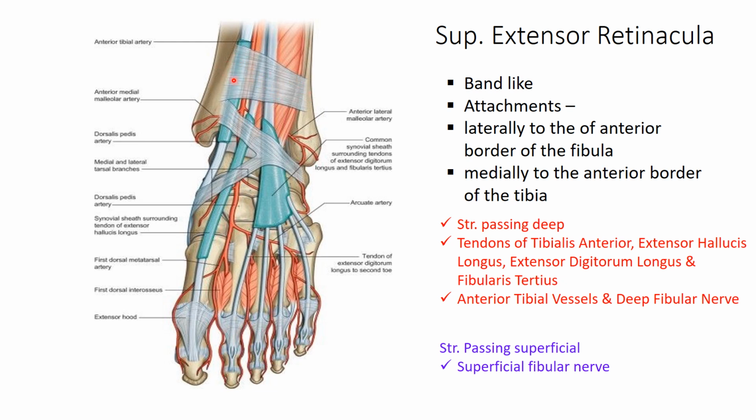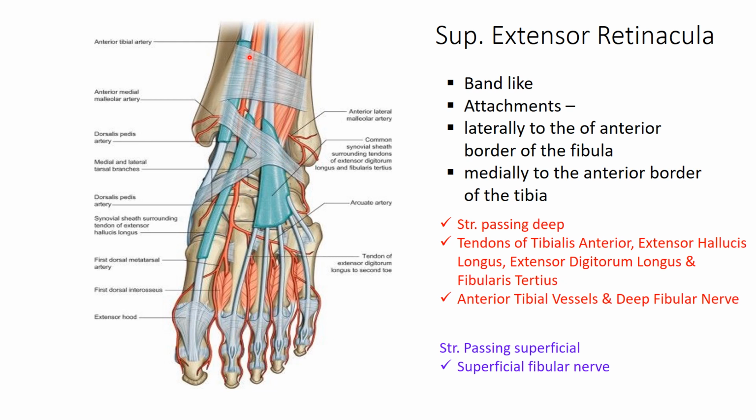It is a band-like thickening of the crural fascia, and laterally it is attached to the anterior border of the fibula, and medially it is attached to the anterior border of the tibia. The structures passing under it from medial to lateral are the tendon of tibialis anterior, then the tendon of extensor hallucis longus, then the tendon of extensor digitorum longus along with peroneus tertius.